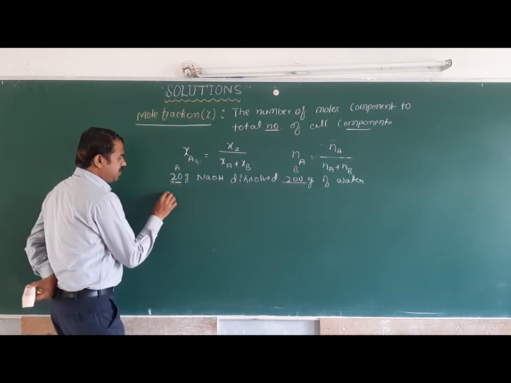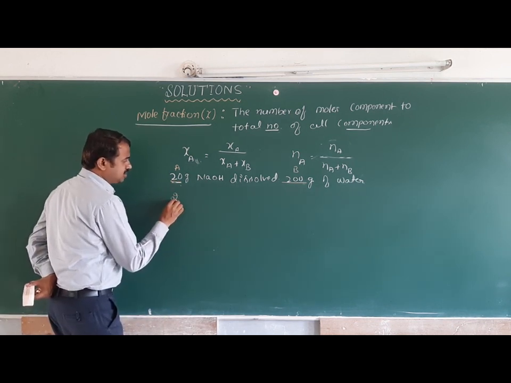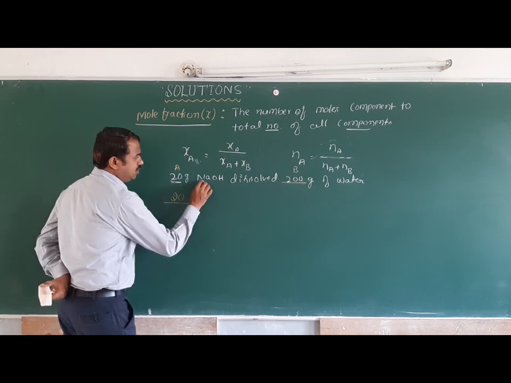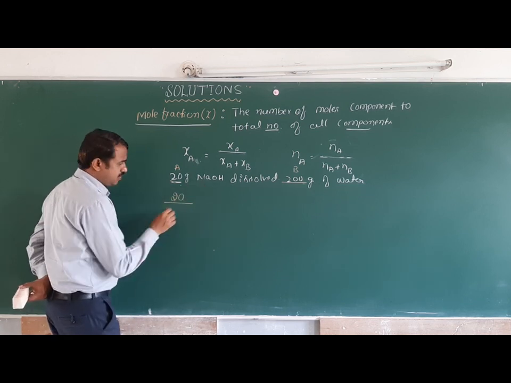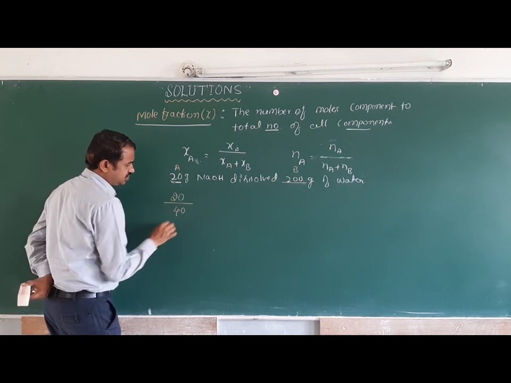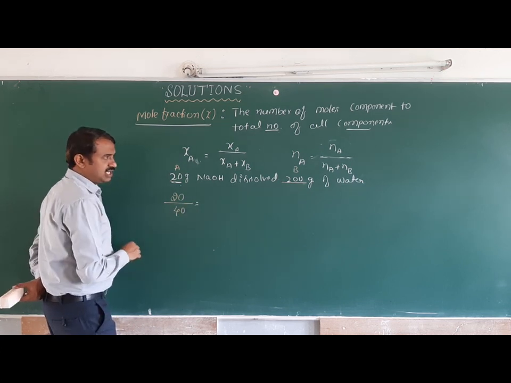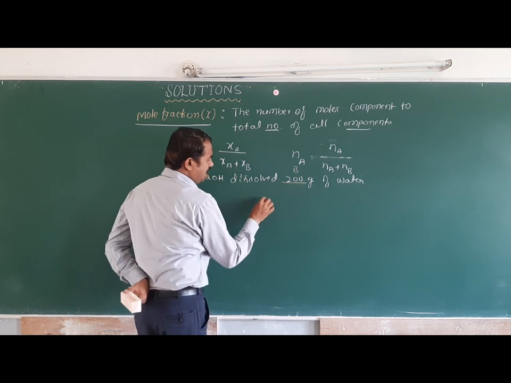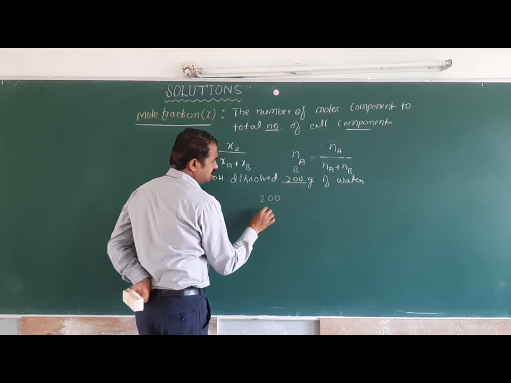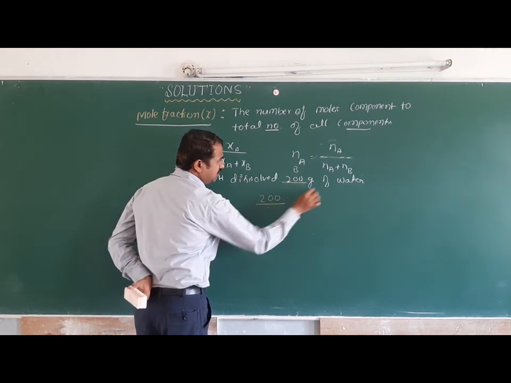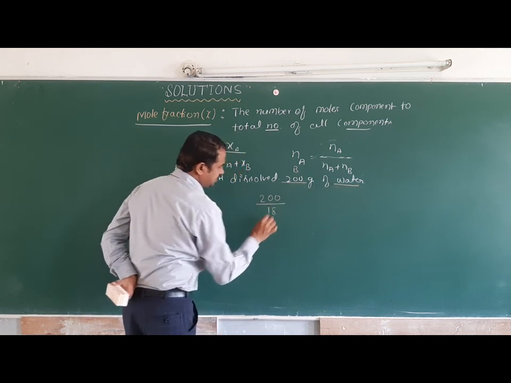For sodium hydroxide, we get 20 divided by its molecular weight, 40. And for water, 200 divided by the molecular weight of water.